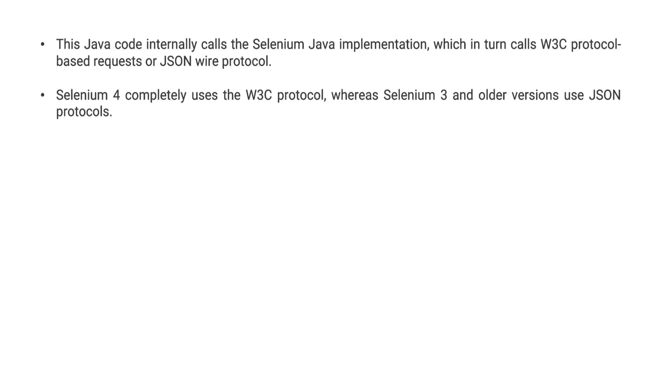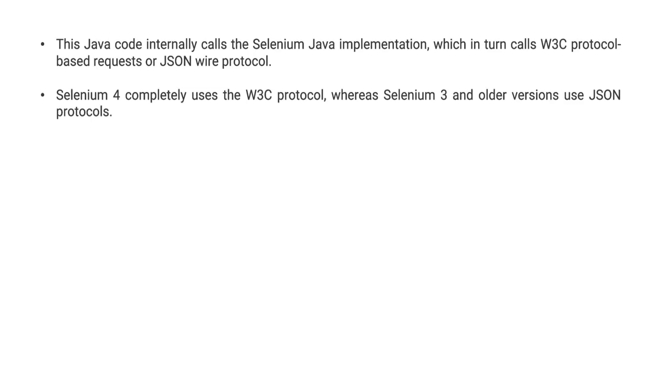What changes from Selenium 3 to Selenium 4 is the way of communication. The JSON wire protocol used to encode when sending the request, and after it got the response, it used to decode and then send it back to the client libraries. This is how it used to happen.